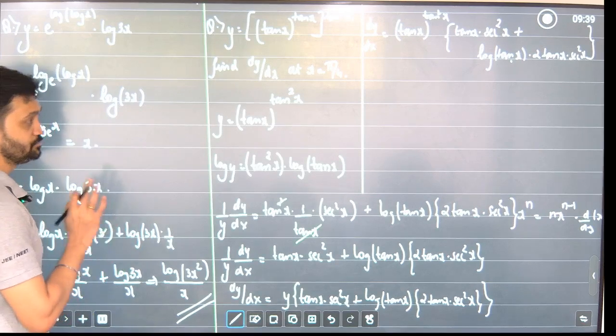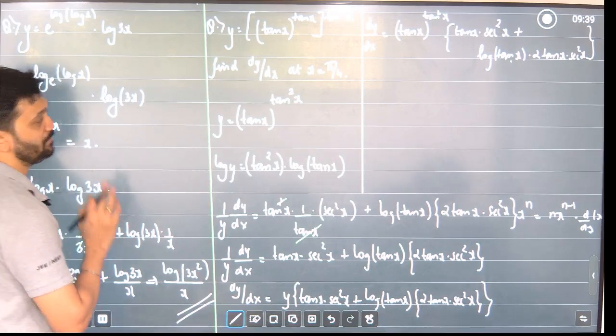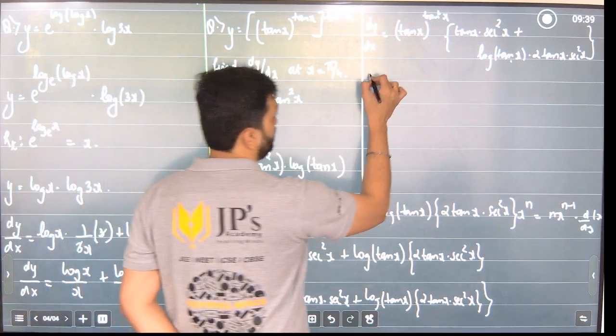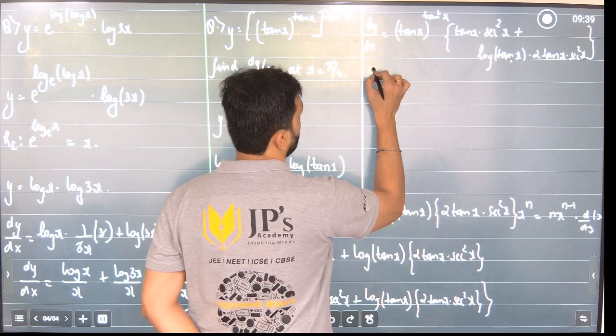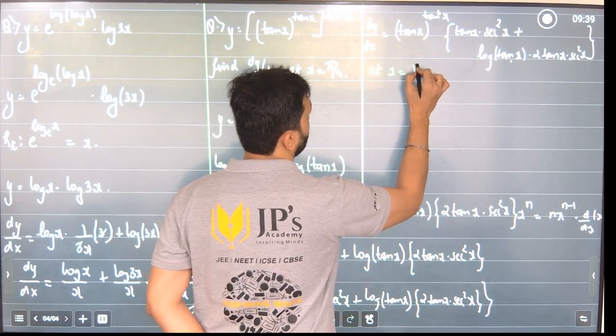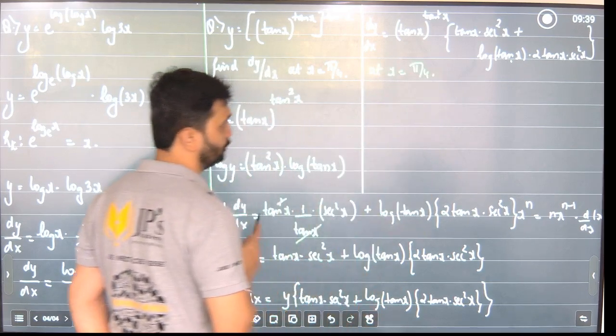And now I'll substitute the value of x as pi by 4, and I'll write at x is equal to pi by 4.